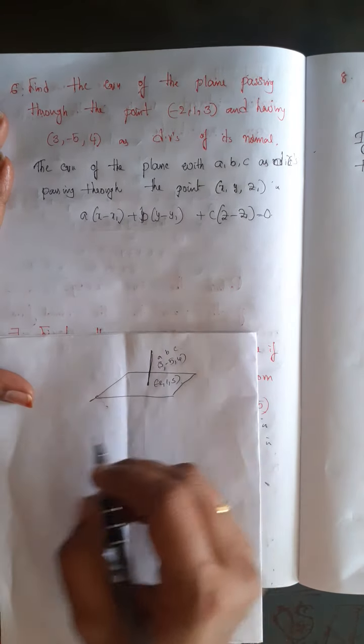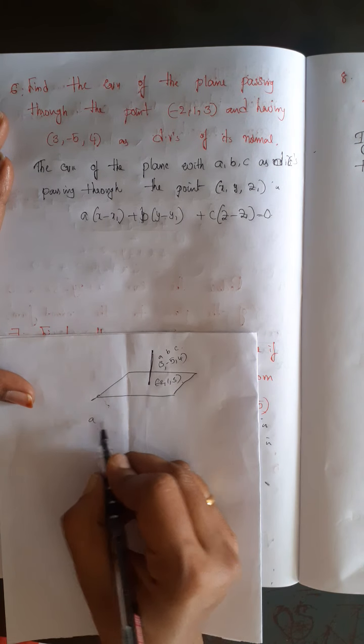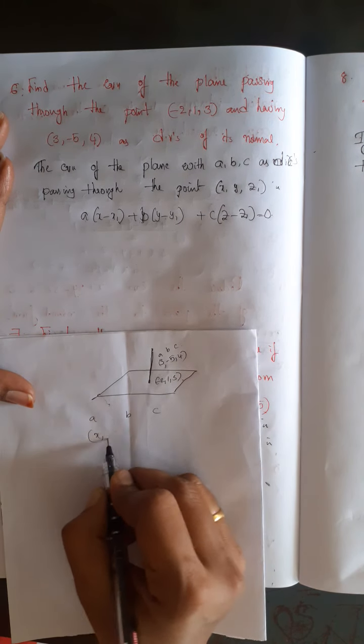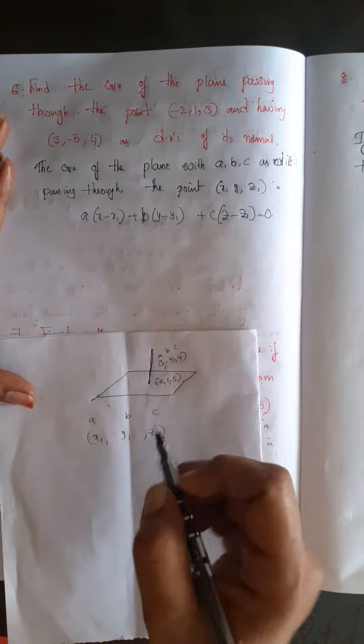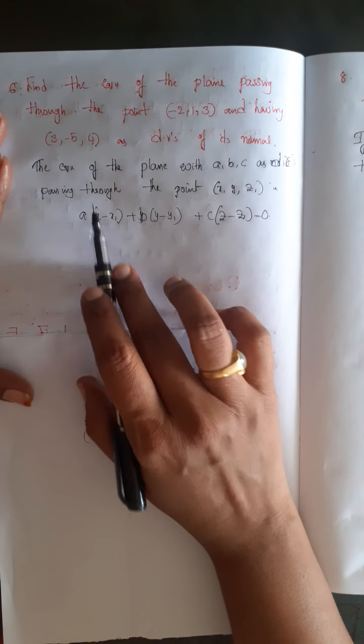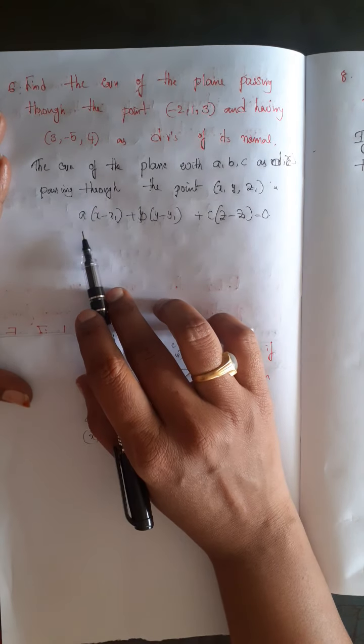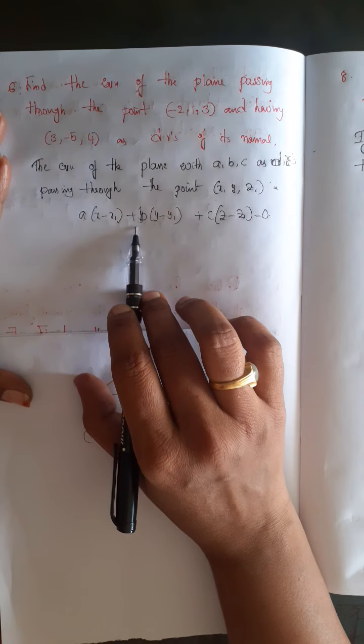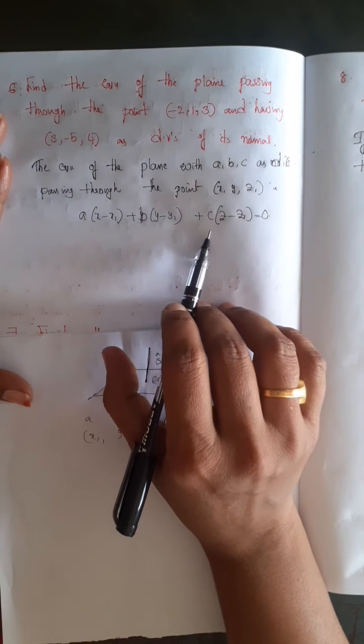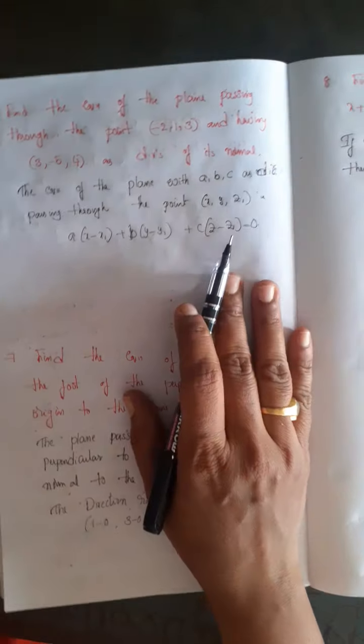When you know the directional ratios a, b, c, and the point x1, y1, z1, the equation of the plane is given by a into x minus x1 plus b into y minus y1 plus c into z minus z1 is equal to 0.